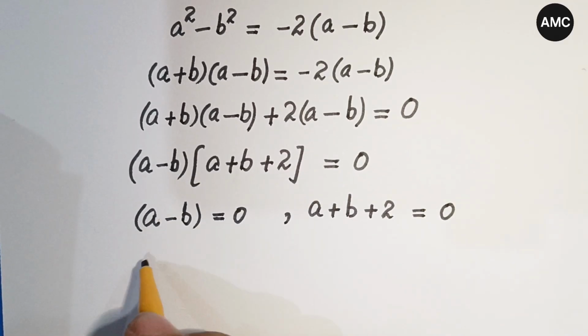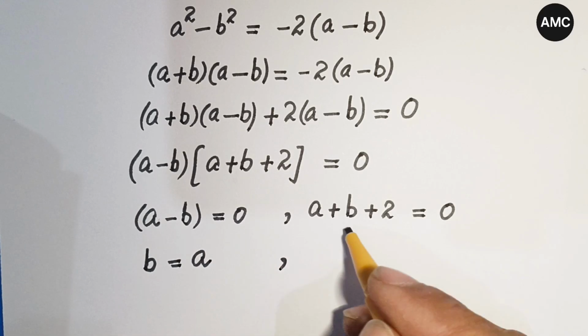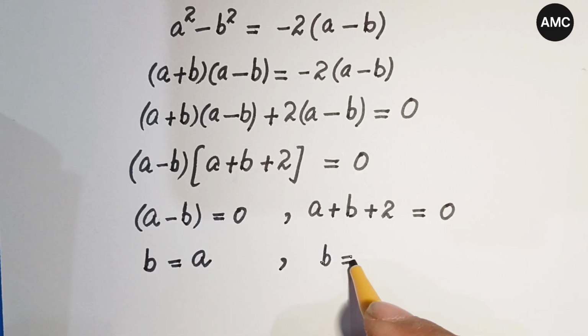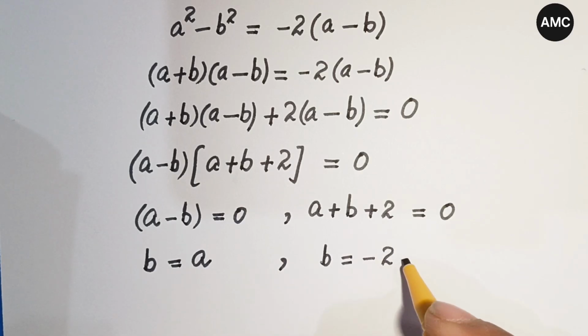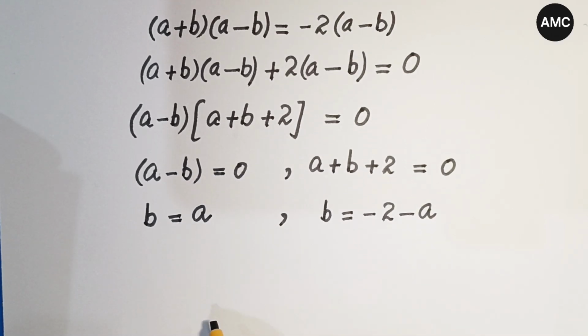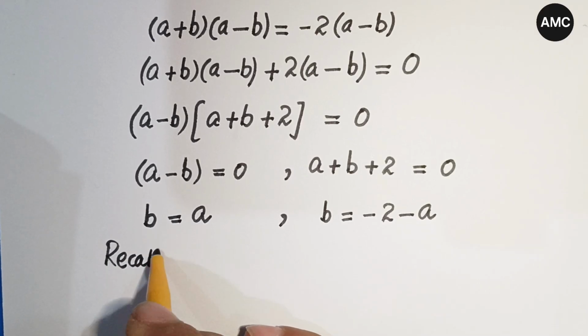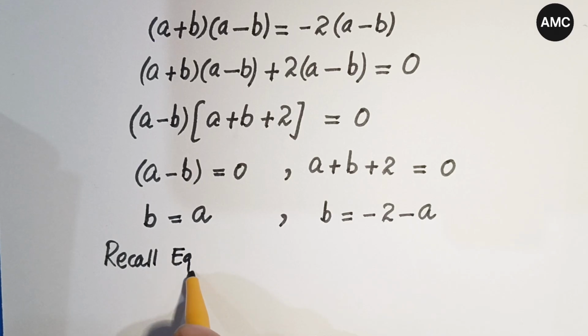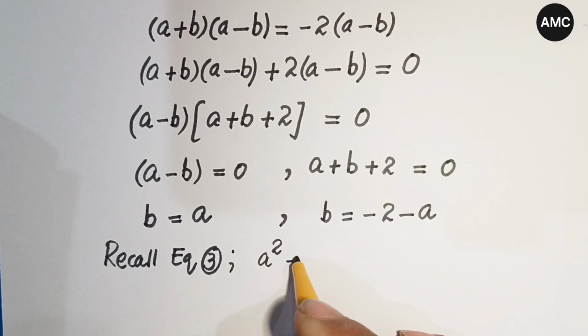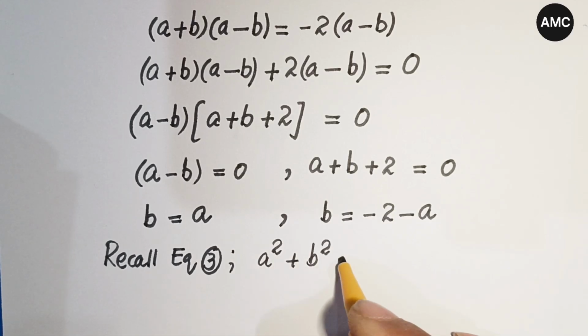Now from this one we write minus b here, so b is equal to a. Similarly here we see that b is equal to, shifting these two terms, minus 2 minus a. Here we have two values of b, so let's recall our equation 3, which is a squared plus b squared is equal to minus 2.